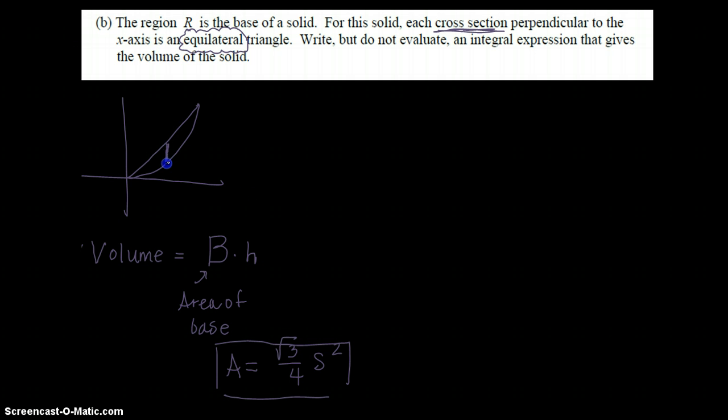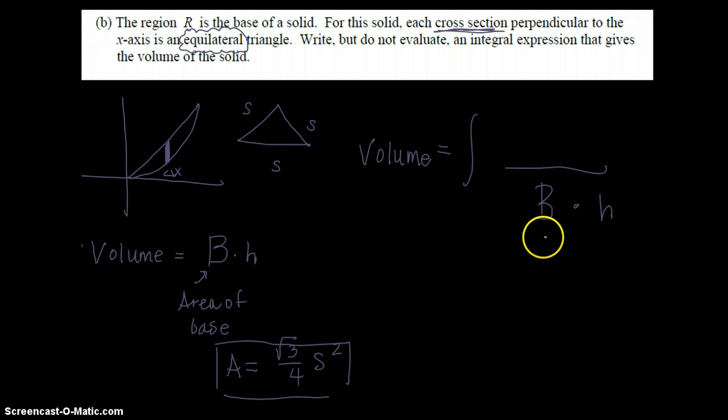All right, so back up to here. If we take a cross section that's perpendicular to the x-axis and pull it out from that, this would be like the base of the triangle sitting there. If we pulled out that piece, it would be an equilateral piece with side length S and thickness delta x. So if we're talking about volume, we know that we're going to have the area of the base times the height.